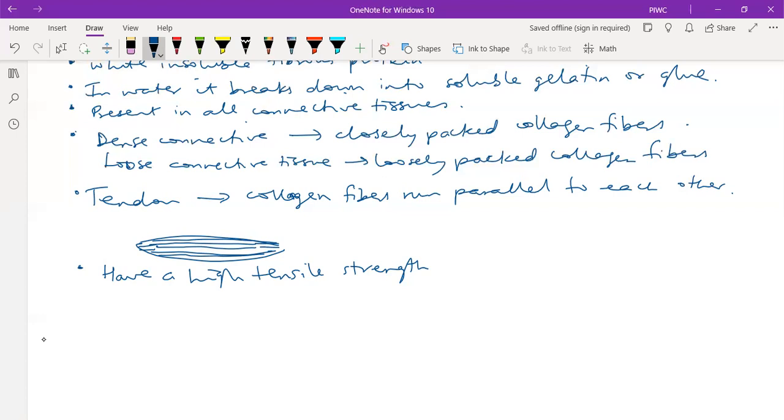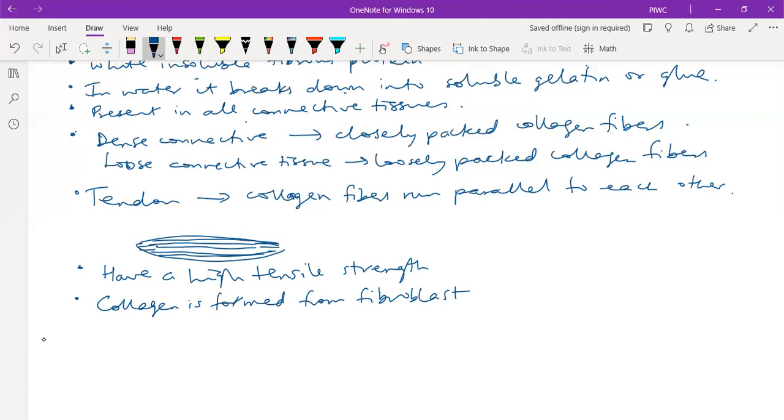Now, collagen is formed as a result of the activity of one of the connective tissue cells, the fibroblast. So this collagen is formed from fibroblasts. That's the cell that produces the collagen.